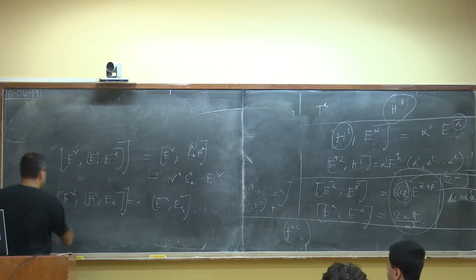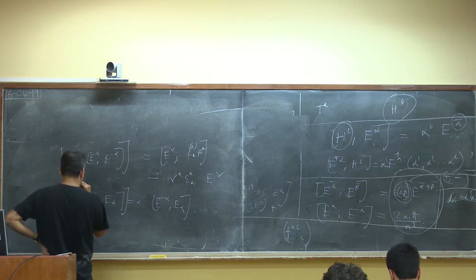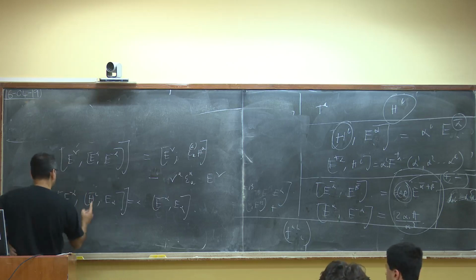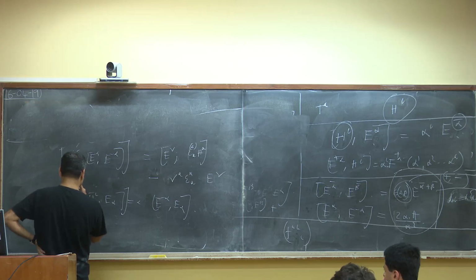Let me see what this gives. I'm not going to use the Jacobi identity here, so that's minus H_i commutator. Yeah, you're right, it just gives the same thing.